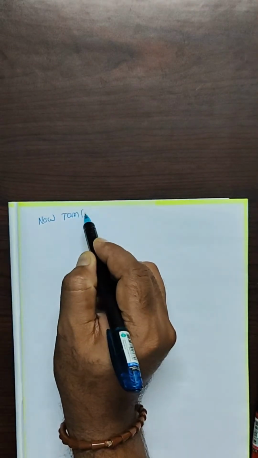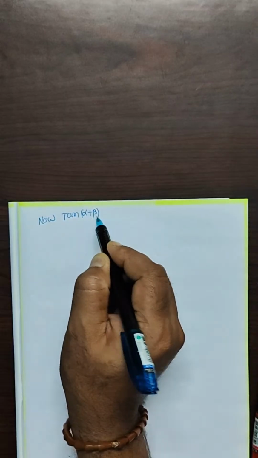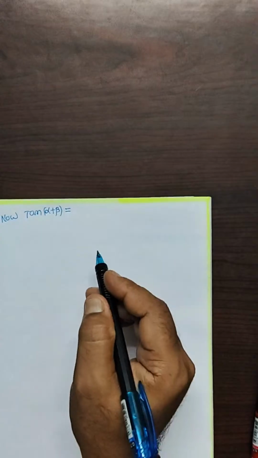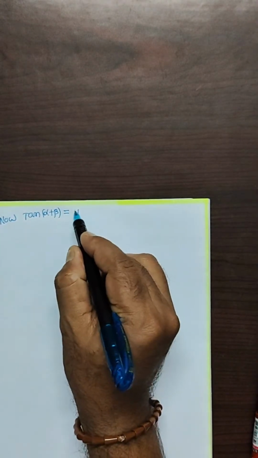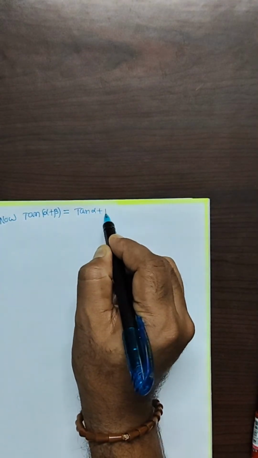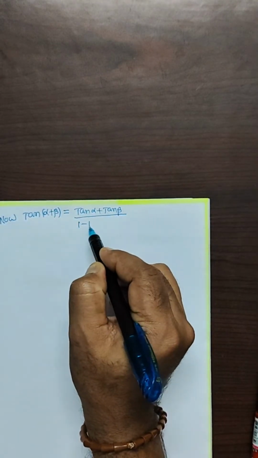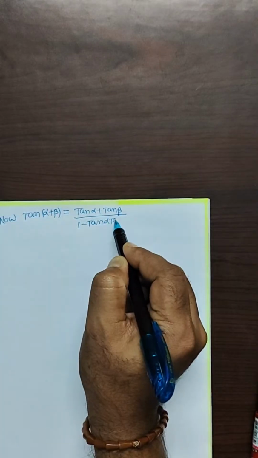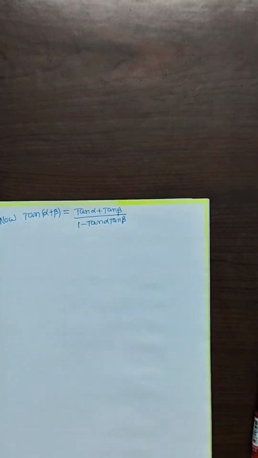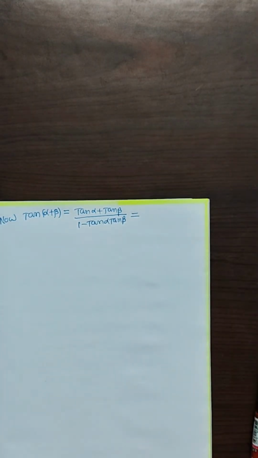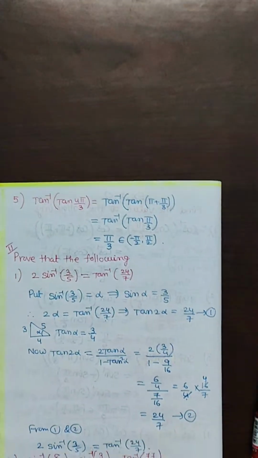tan of alpha plus beta is equal to, what is the formula for tan of alpha plus beta? Tan alpha plus tan beta divided by 1 minus tan alpha tan beta. So which is equal to tan alpha and tan beta values. So we got it, no?